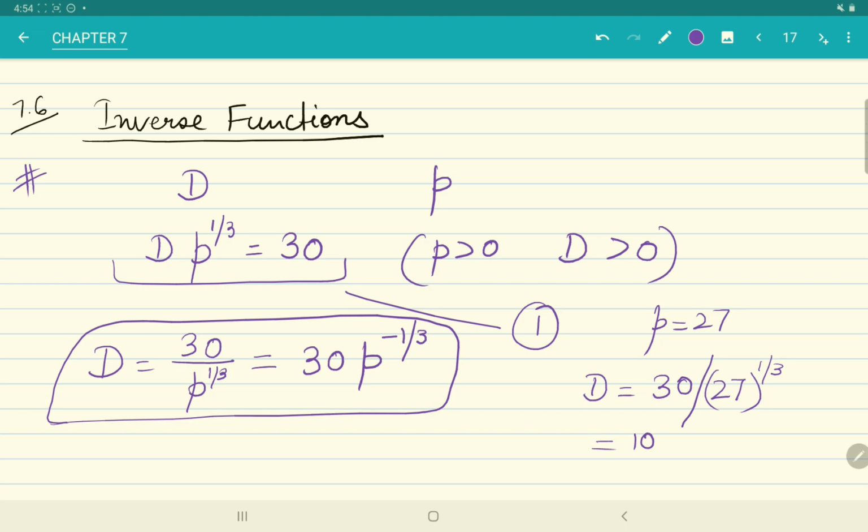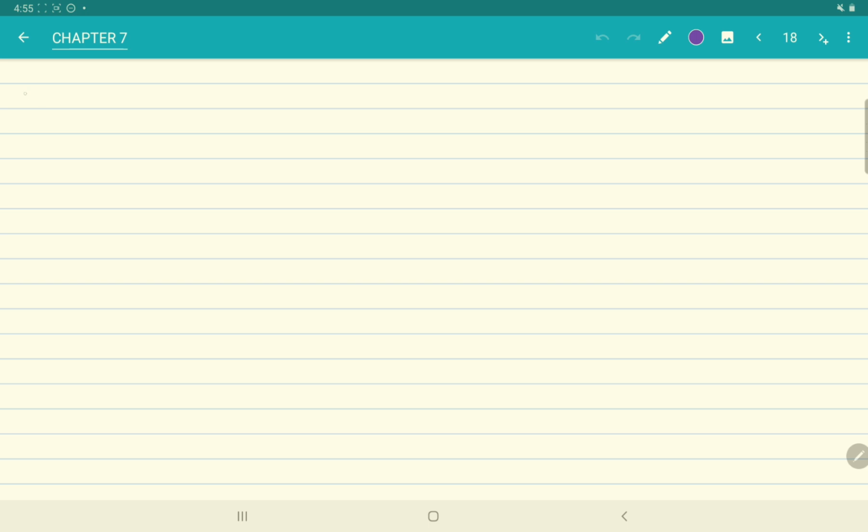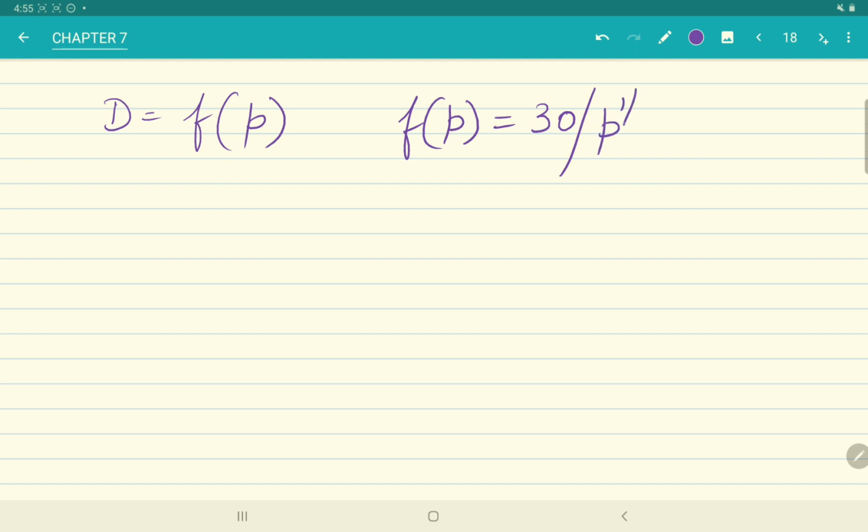So clearly D is a function of P, and that means I can write D is equal to f of P. The demand quantity D for a particular commodity is a function of the price per unit P, and here f of P is equal to 30 divided by P raised to the power 1/3.